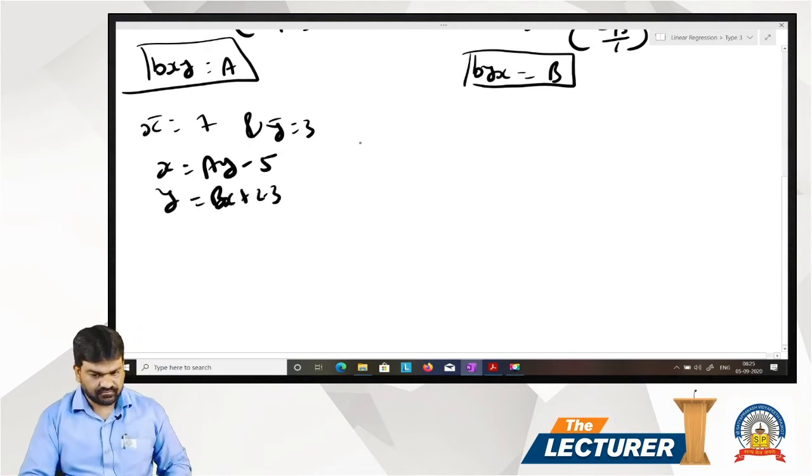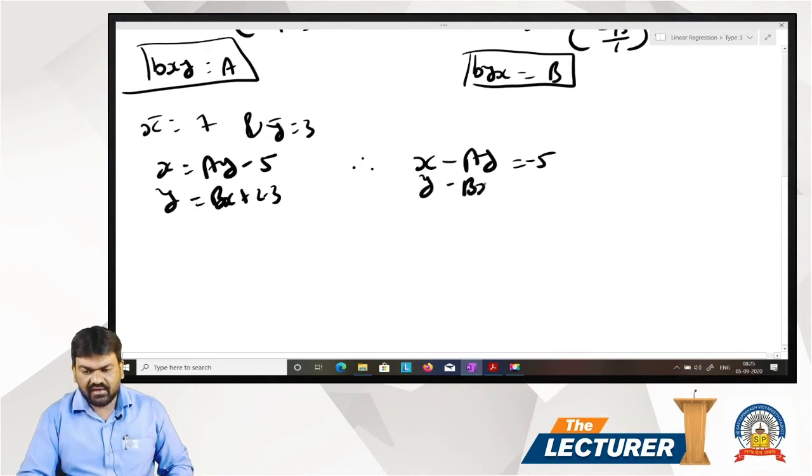Okay. Now x minus ay is equal to 5, minus 5, sorry, y minus bx is equal to 2.3.